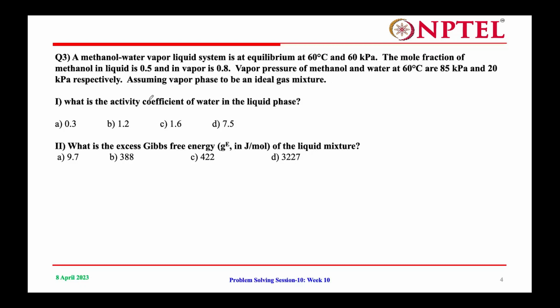Right. Here consider methanol as 1 and water as 2. The mole fraction in liquid means x1 equals 0.5, y1 is 0.8, and the vapor pressures of methanol and water are given. So here it asks what is the activity coefficient of water in the liquid phase.